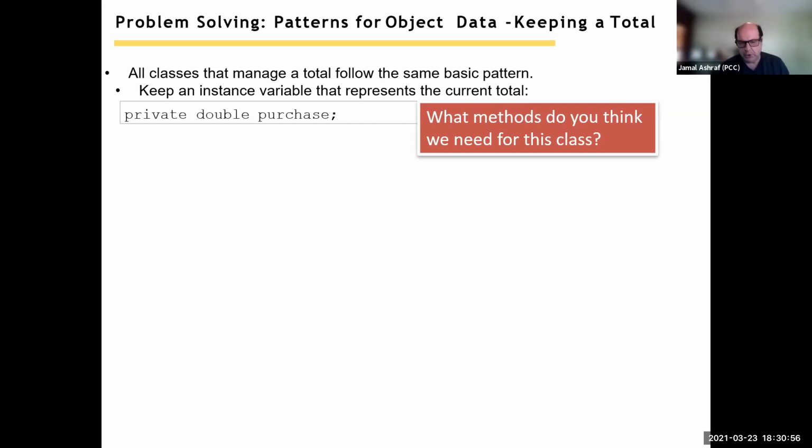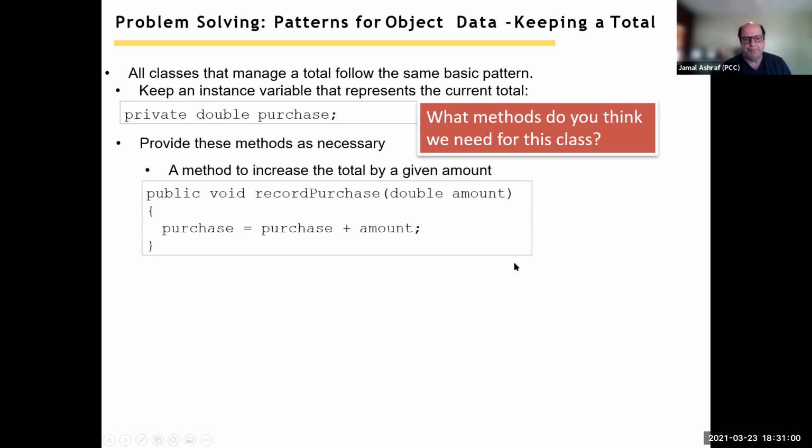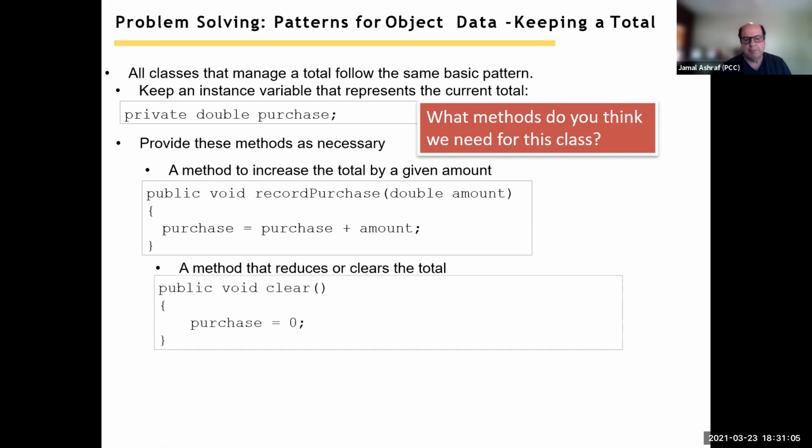We have to have a method to clear your total. So let's say you have a cash register, you're doing the total for a customer. The next customer comes in, you start the total from 0.